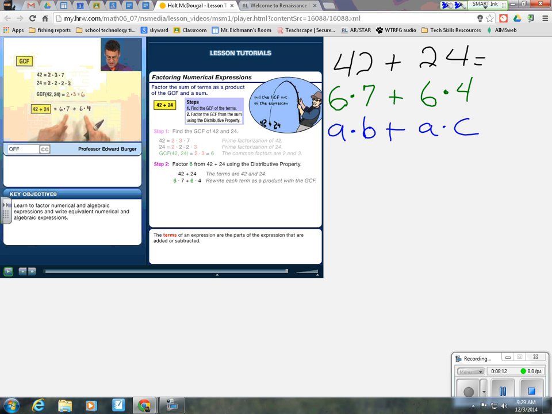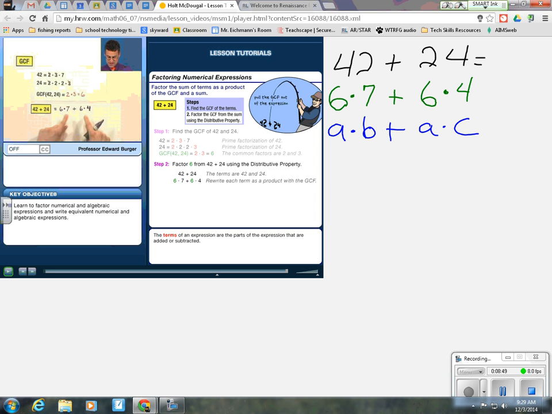If we had a completely different setup here, let's say we had 7 times 3 plus 7 times 6, what would A represent? What number would A represent in this situation? 7. What number would B represent in this situation? 3. And what letter would C represent? 6. Okay.